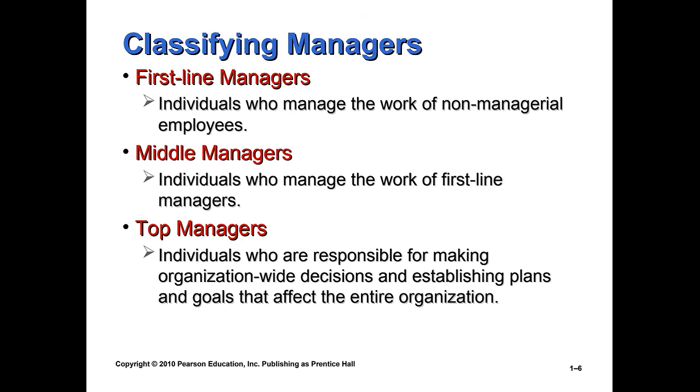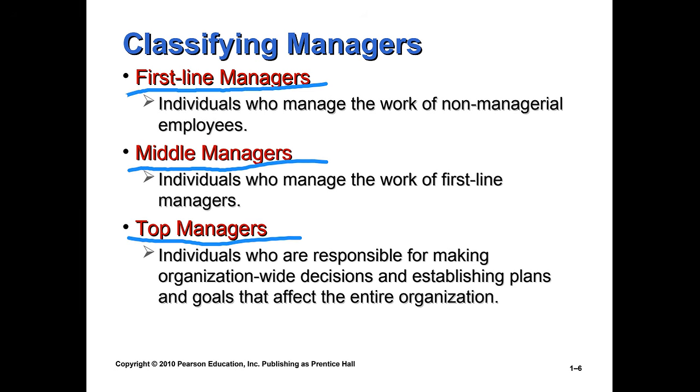Now we have to look into how many types of manager roles there are, or how we can classify managers. We can classify managers as first line managers, middle managers, and top managers.